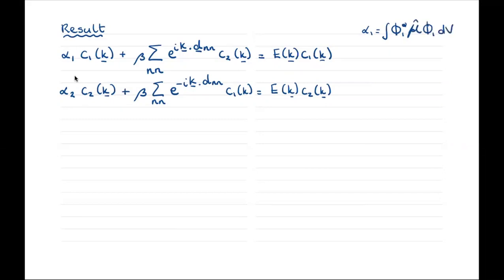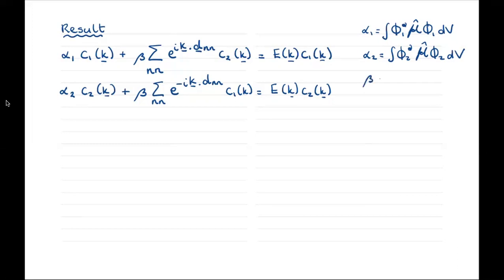So it's just the energy of an electron in atomic orbital phi 1. Alpha 2 is equal to the integral phi 2 star H phi 2 over all space. So it's just the energy of an electron in atomic orbital number 2.